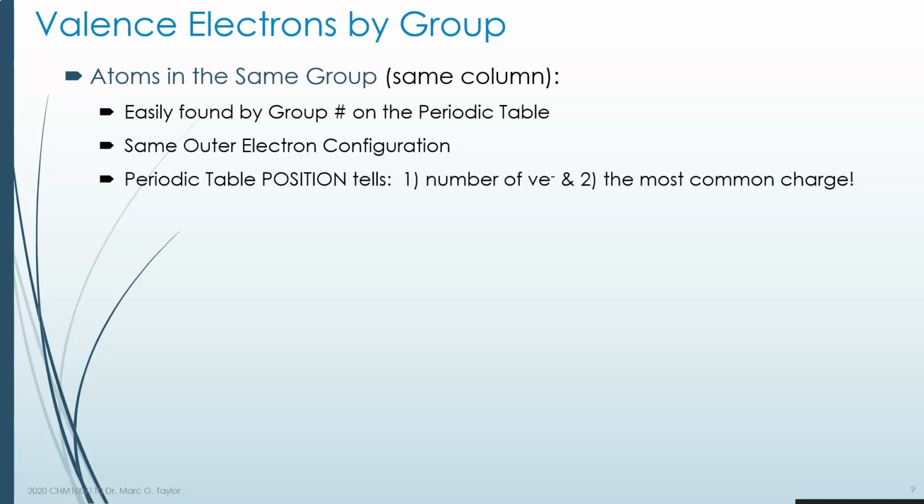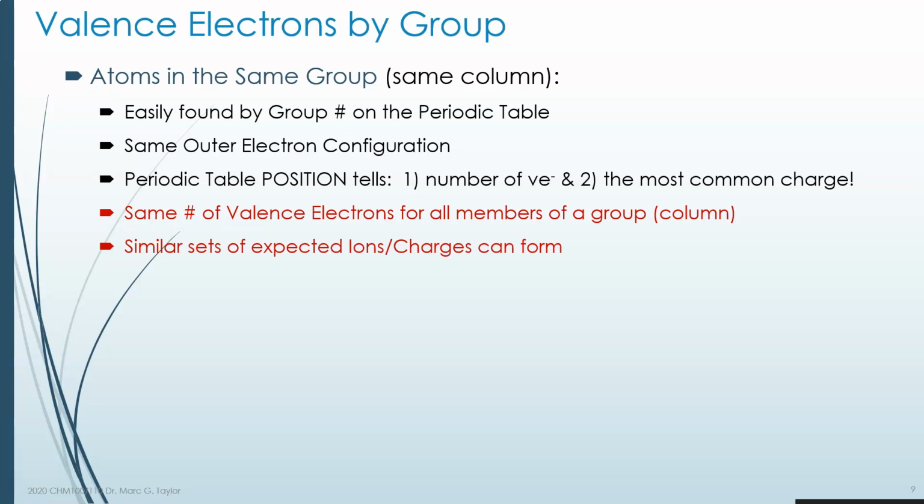So every element within the same column will have the same last part of its electron configuration. So the periodic table position tells you how many valence electrons and the most common charge. The same number of valence electrons for all the members of the group means the same properties, the same chemical reactivity. Similar, not identical, but very similar. So you end up forming a lot of the same charge types and behavior.